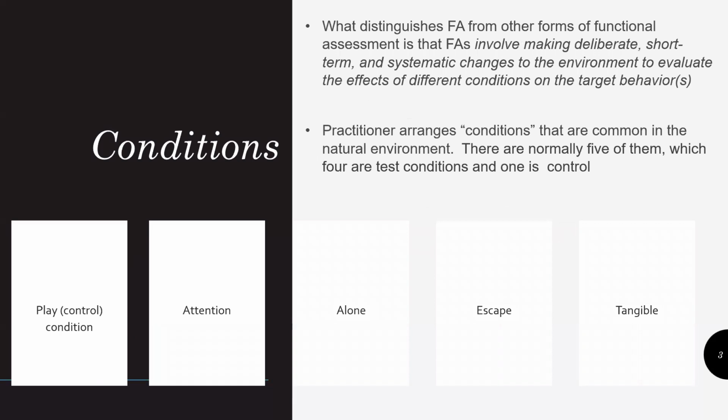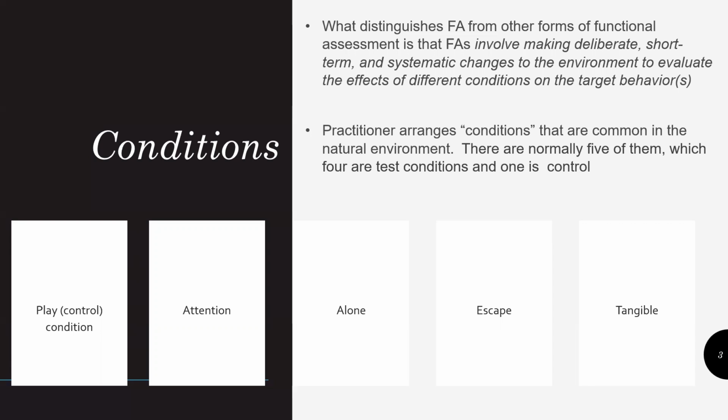What distinguishes FA from other forms of functional assessment is that FAs involve making deliberate, short-term, and systematic changes to the environment to evaluate the effects of different conditions on the target behaviors. Practitioners arrange conditions, which we're going to be talking about, that are common in the natural environment. There are normally 5 of them, of which 4 are tested as conditions and 1 is control.